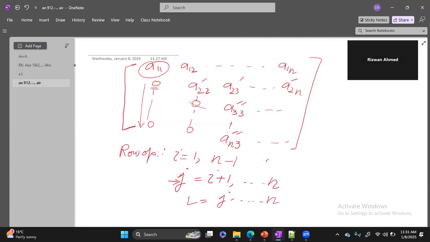So these three indices, three loops, are going to be recognized and implemented in the Gauss elimination algorithm.